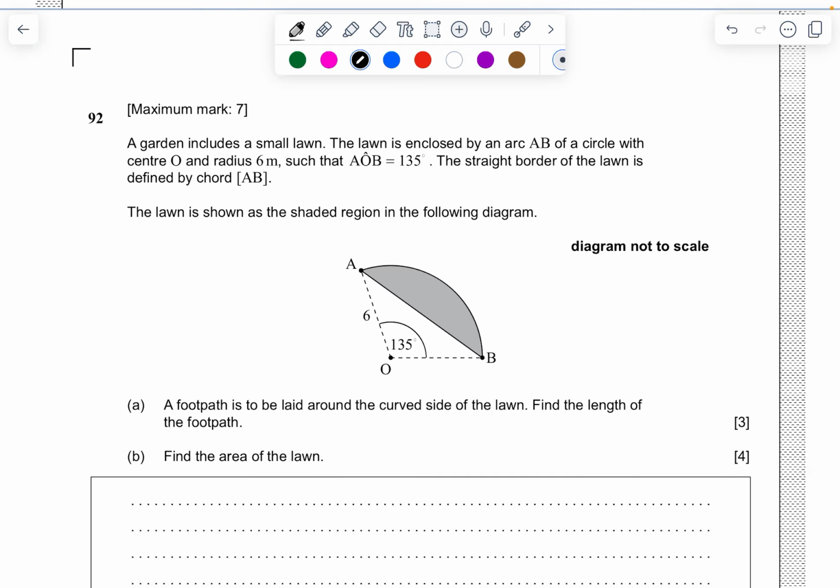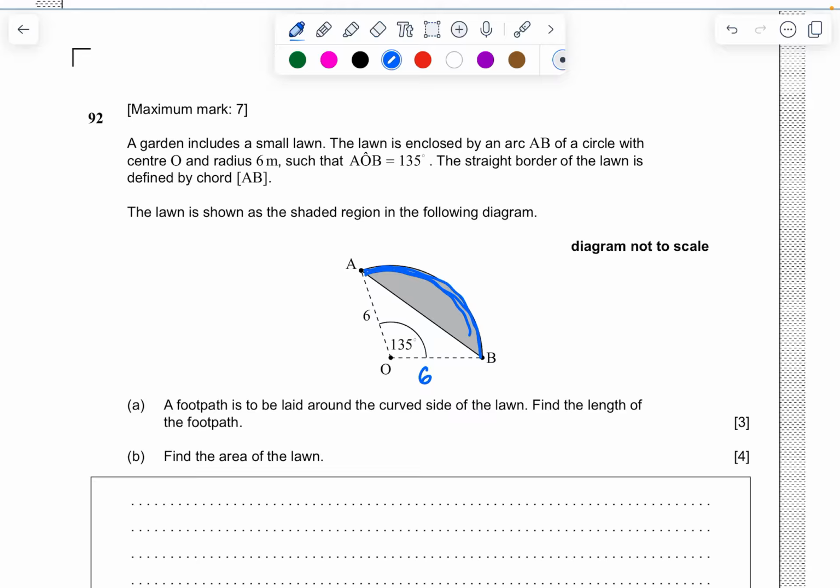Then question number 92. The footpath is laid around the curved side. Find the length of the footpath. So this is going to be the length of the arc. This angle is 135, and the radius is going to be 6.